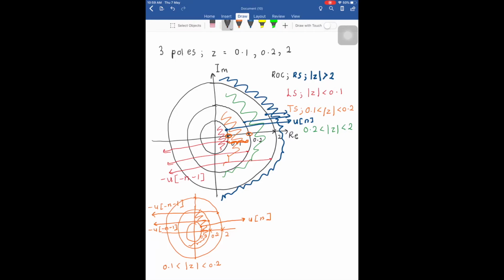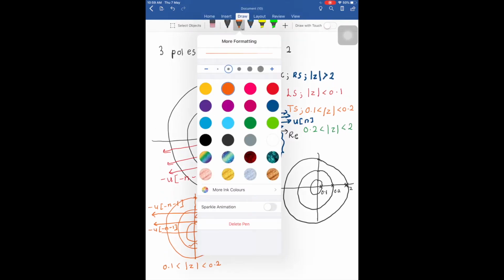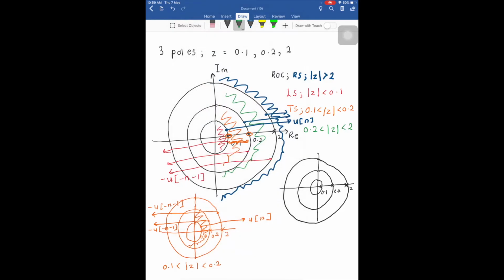What happens if we have this one, in between 0.2 and 2? So we have 0.1, 0.2, and 2. It is between 0.2 and 2.